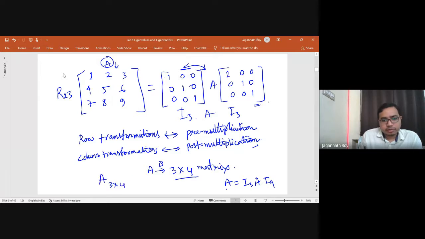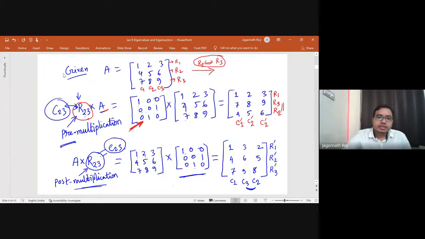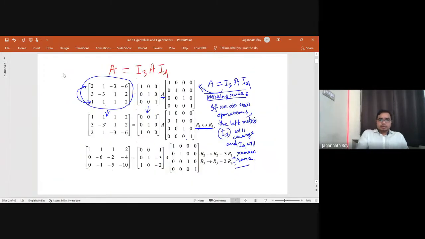A is 3 by 4, then the right hand side will be I3 by 3, then A will be 3 by 4, and another matrix will be multiplied, so this is I4 by 4. Yeah. So these dimensions are matching now. So this is I3, A, I4.